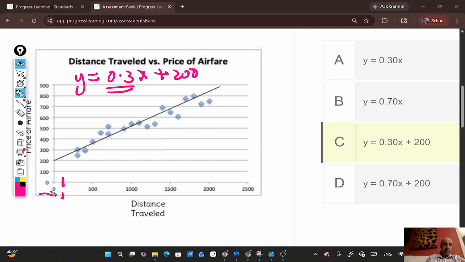So if the x increases by 1, then the y rises by 0.3. For example, if you reach 2 for the x, then you will rise by 0.6. Of course, this is not a good representation, but this is just for explanation. So this is exactly the meaning of the rate of change.